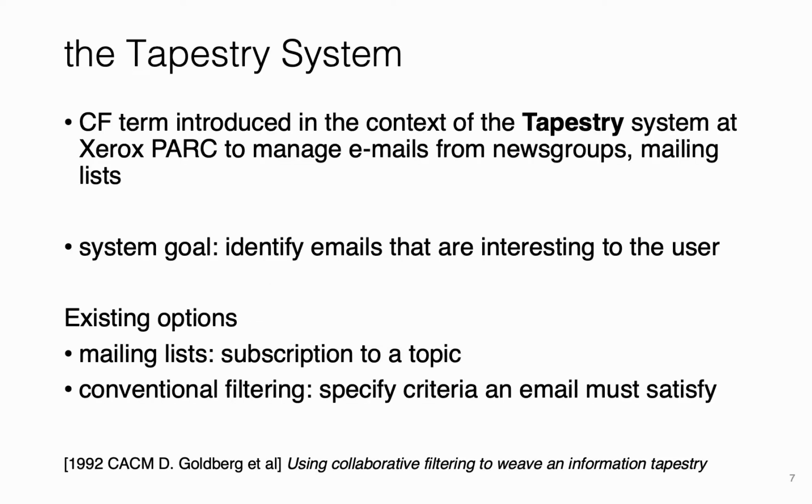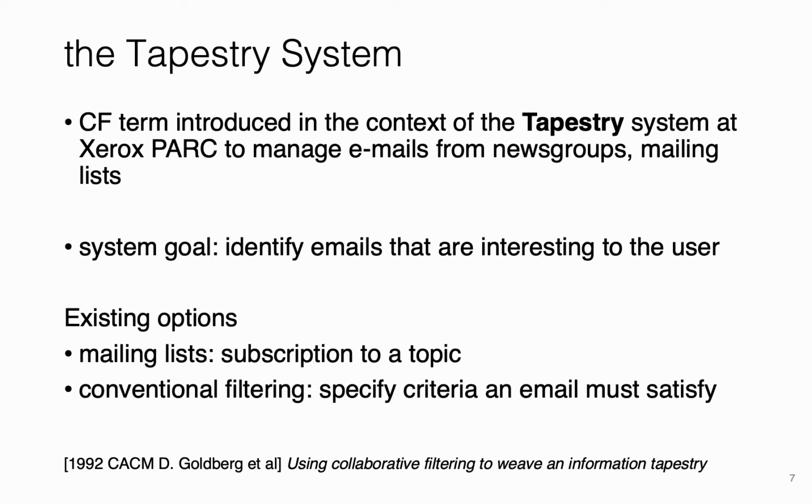So let's start with some historical facts. The term collaborative filtering was first introduced in the context of the Tapestry system at the Xerox PARC Research Lab. This system was used to manage emails from newsgroups and mailing lists, and the goal of the system was to filter emails that were supposed to be interesting to the user.